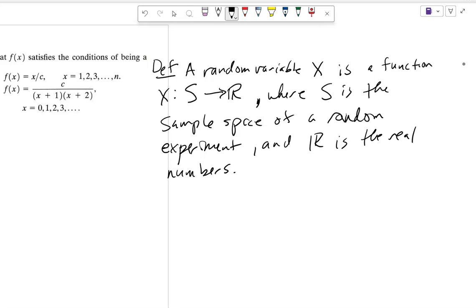It has to satisfy some conditions, but I said it goes to the real numbers. For the discrete case, this is going to turn out to be associating a probability to each element in the sample space. So it's going to have to be between 0 and 1. This is going to be a probability. In the continuous case, you can have numbers that are bigger than 1, because basically it's going to be a weighting function.